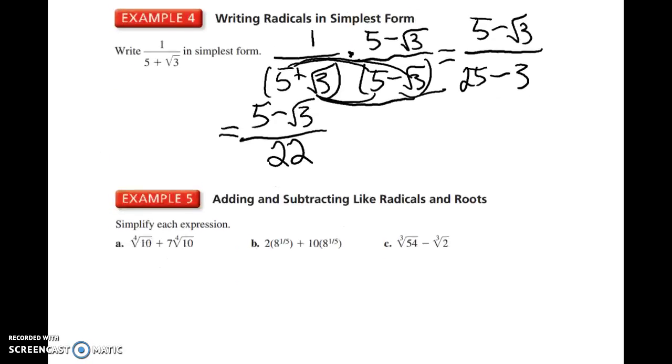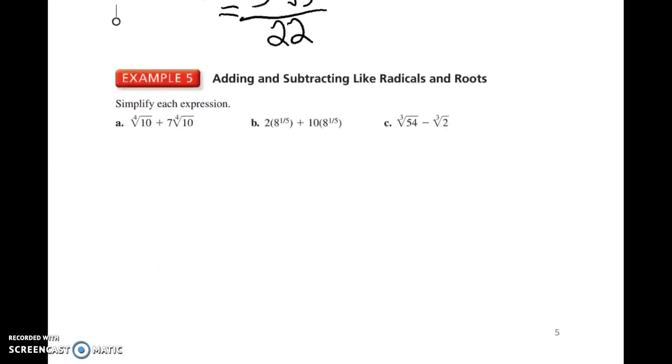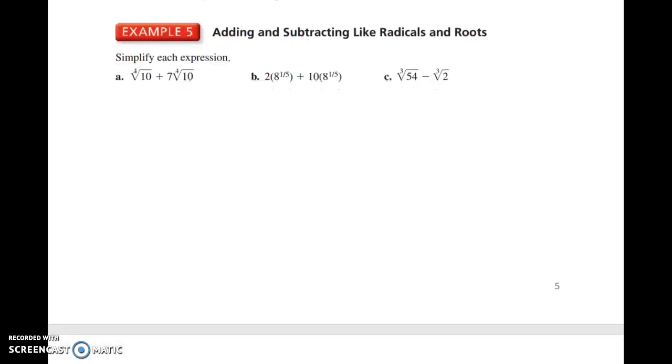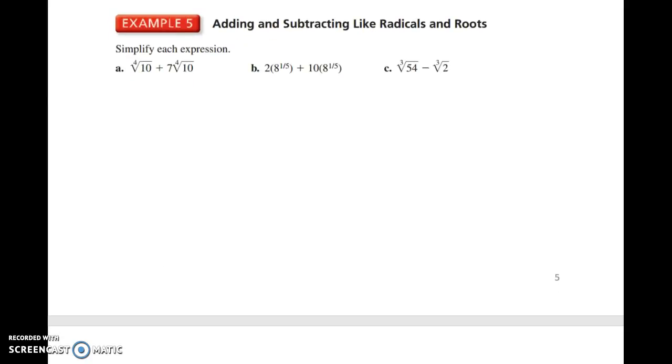And last but not least, I want to look at example 5. Example 5 is just adding and subtracting like radicals or roots. So if I have the 4th root of 10 plus 7 times the 4th root of 10, the 10s are the same and the roots are the same. But technically there's just a 1 in front of this.